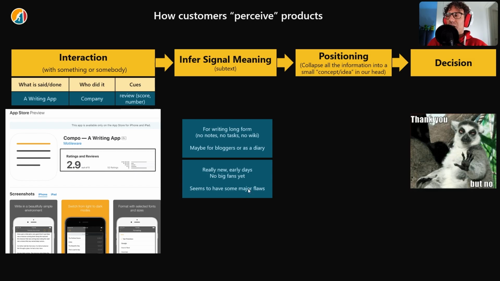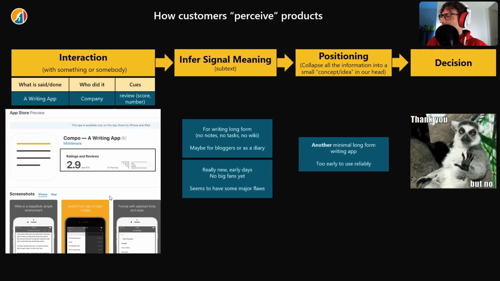It looks really early. It looks like it's still in development, and it doesn't have major fans, and it has major flaws. And the positioning, yeah, it looks like another app. It's good. I really approve of the color choice, but it's a bit too early. In seconds.